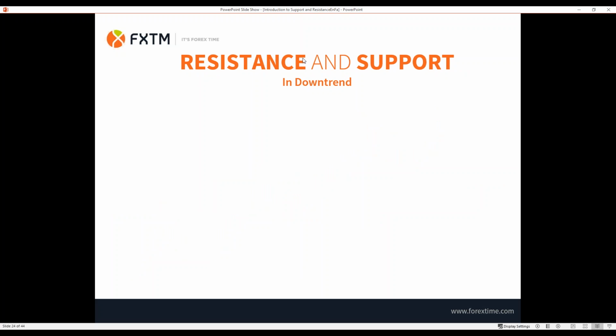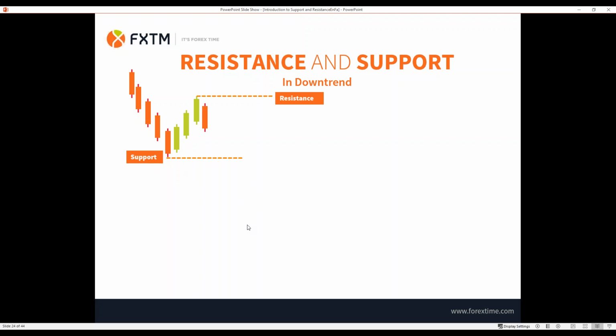Let me go on. And let's take a look at the resistance and support in a downtrend. So this is a bottom. And of course, a bottom is a support. And if this price movement is a downtrend, then most probably prices will break through this support.